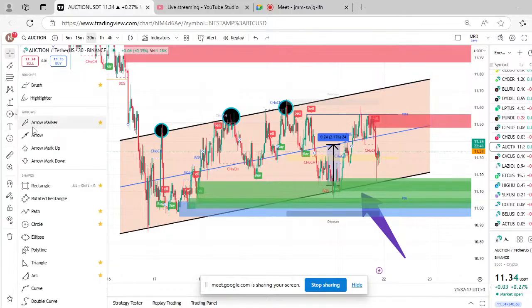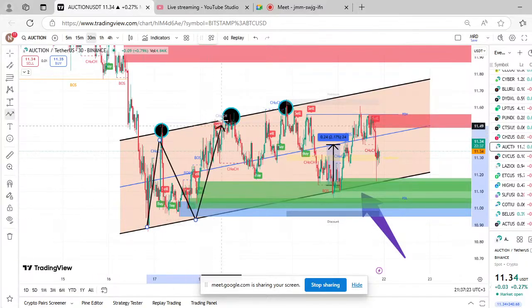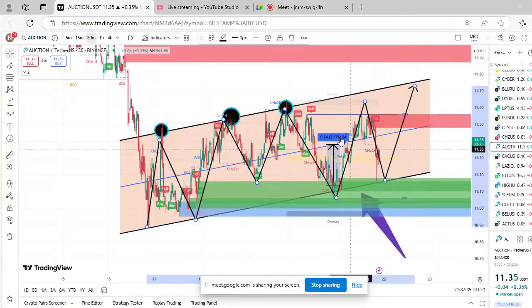When we draw like this one will make it better. Up, then down. Up, then down. It was supposed to come here, but it stopped at this point. Up, then down. Are you seeing the market, how it is moving? It is moving within the trend, the channel rather.